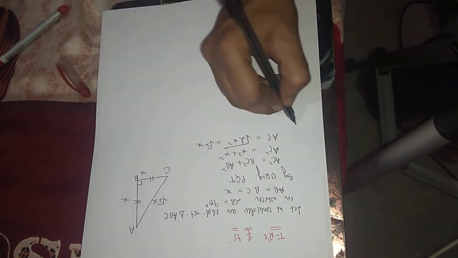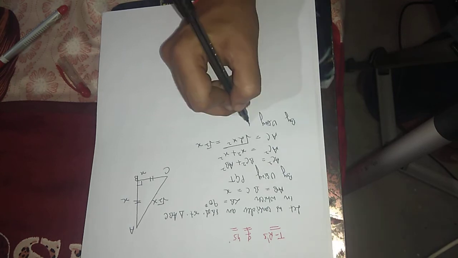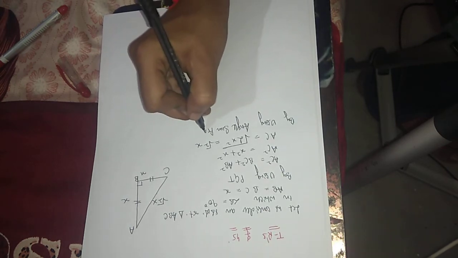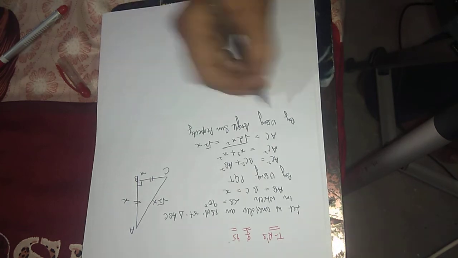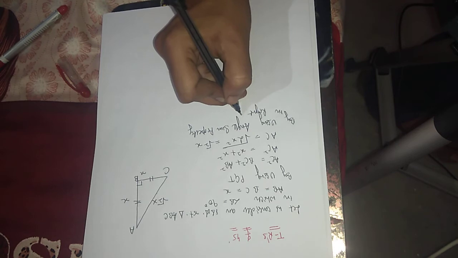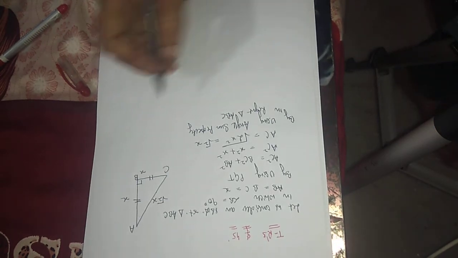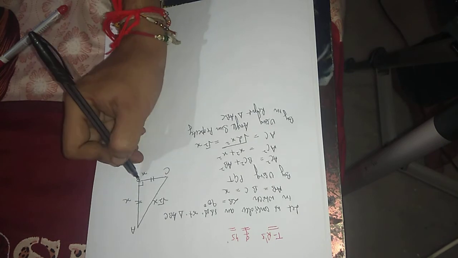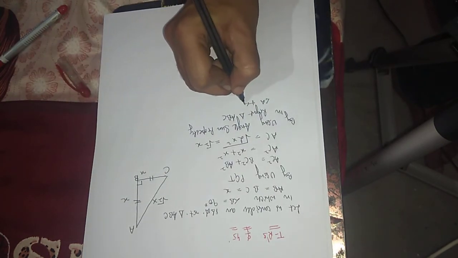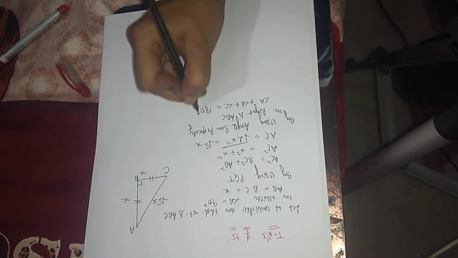Further, by using angle sum property in right triangle ABC, what do we get? Since we know that the angles opposite to equal sides of a triangle are equal, by angle sum property, angle A plus angle B plus angle C is equal to 180 degree.